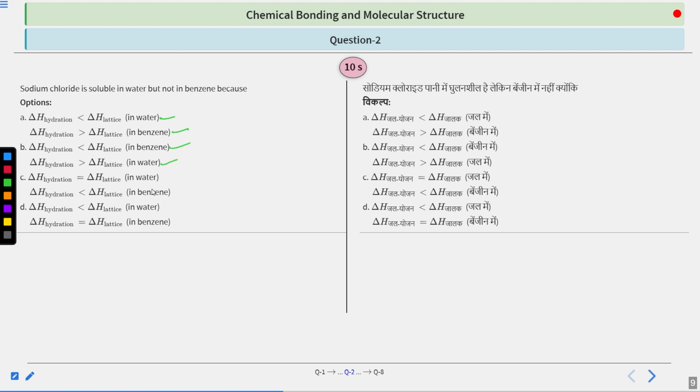Option C, delta H hydration is equal to delta H lattice in water and delta H hydration is less than delta H lattice in benzene. Option D, delta H hydration is less than delta H lattice in water and delta H hydration is equal to delta H lattice in benzene. So you have 10 seconds to solve this question. Your time starts now.